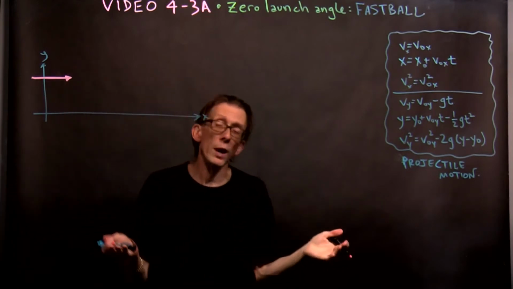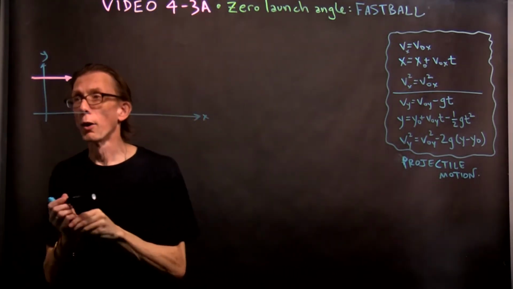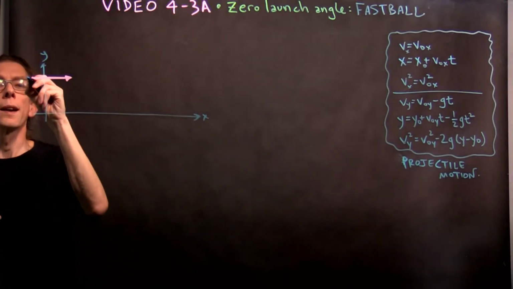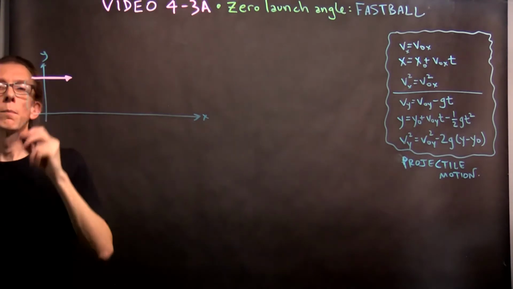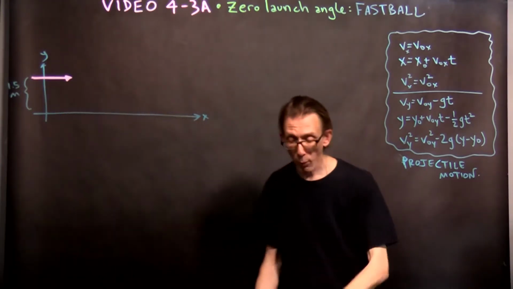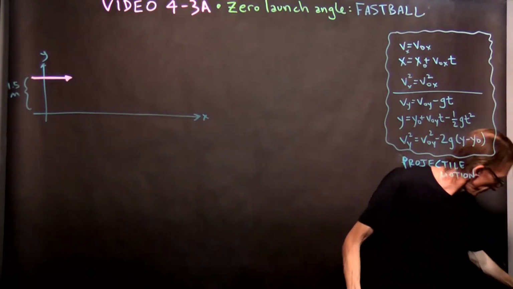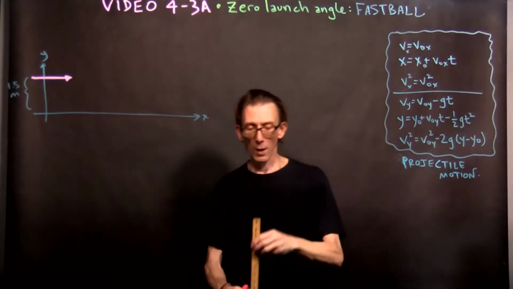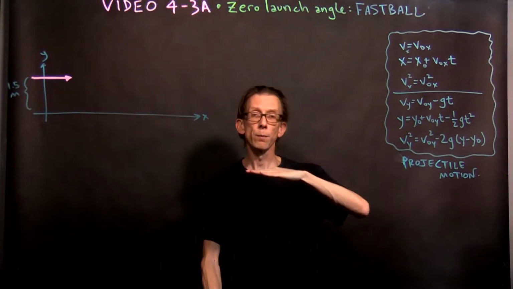And remember, vectors can move around. It doesn't matter where I put the tail of it. Okay, I'm putting it at height, though, because it's being thrown at an elevation of 1.5 meters. That's how high. So 1.5 meters above the ground. So here's a meter. 1.5 meters is about here, about just below shoulder height for me.